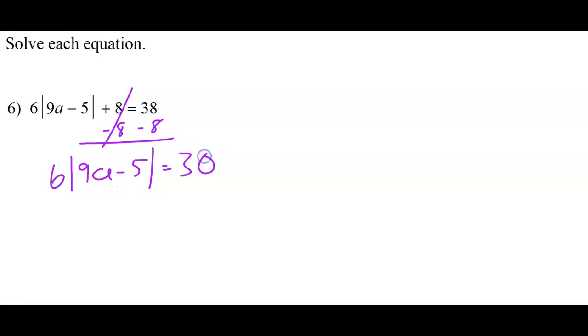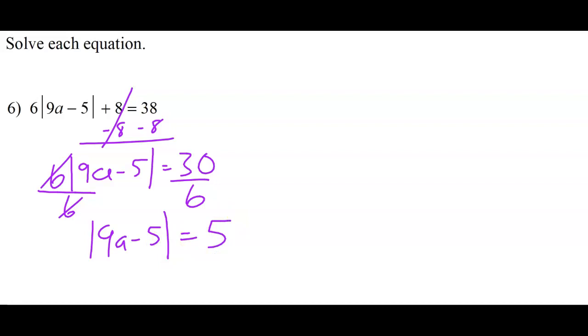Let's take a look at number 6. So in this particular problem, we have a couple of numbers outside the absolute value bars. I'm going to start by getting rid of those. Minus the 8 first. And the 6, we're going to divide it. And as soon as you got rid of the numbers outside the bars, you're ready to write your two equations. If the absolute value of 9a minus 5 is equal to 5, that means that 9a minus 5 can equal 5 or negative 5.